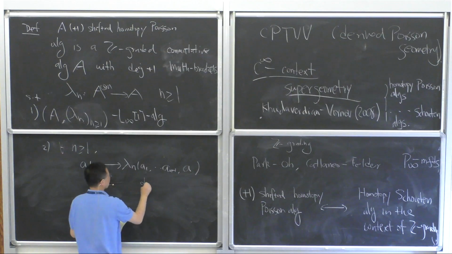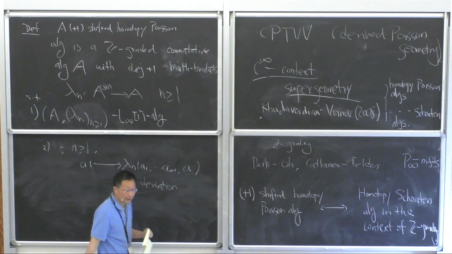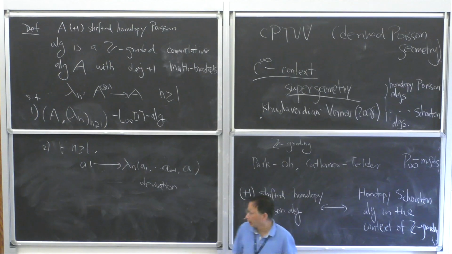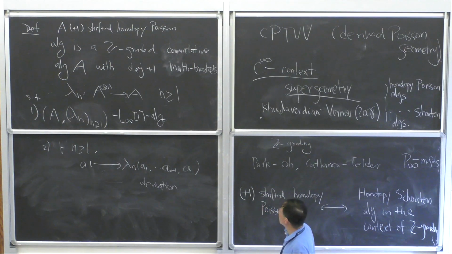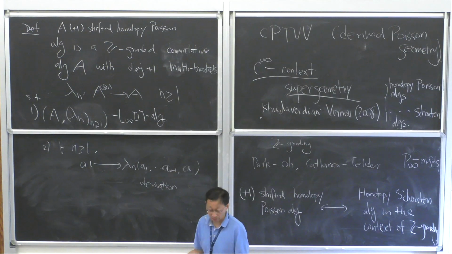It's a graded derivation, so you have the Leibniz rule. If you look at only lambda 2, this is just a usual Gerstenhaber algebra.